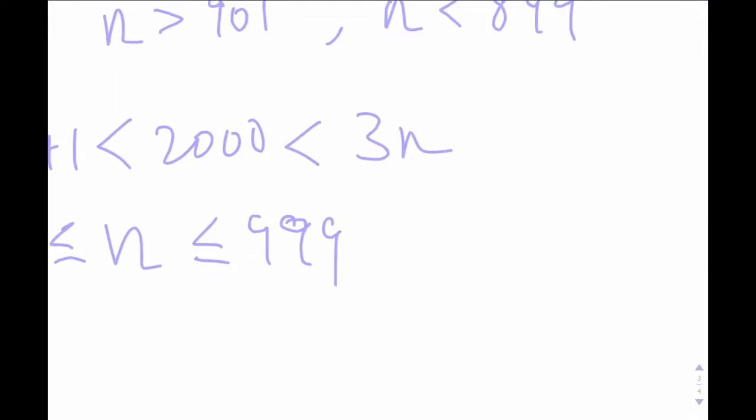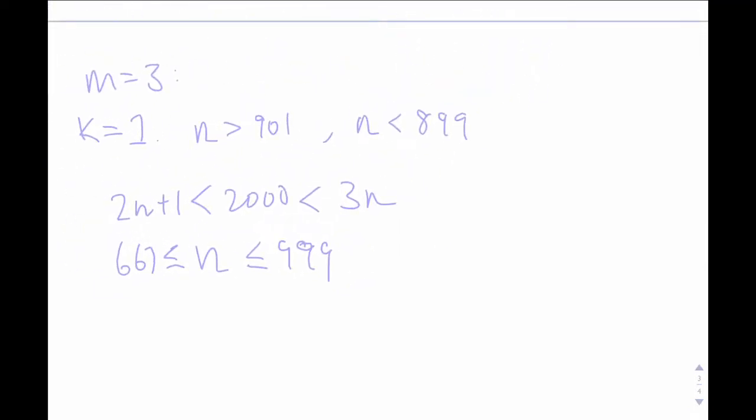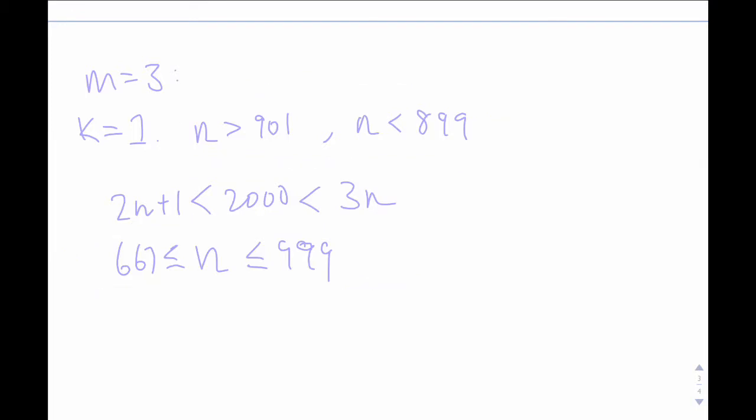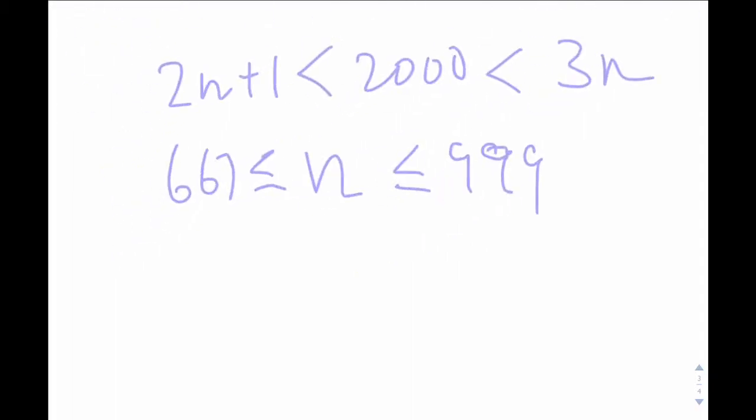And so we just need to find all values of n which satisfy these sets of inequalities, which, if we remember that n is odd, is actually just everything except for 2 numbers. So we can find the number of odd numbers in this interval by subtracting 665 divided by 2.